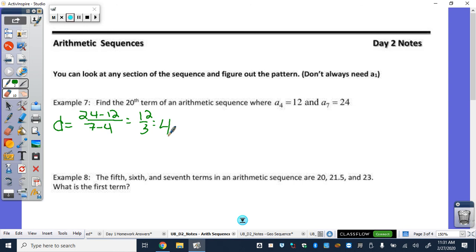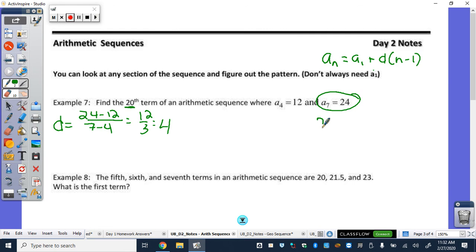So in our formula that we were using, our a sub n equals a sub 1 plus b times n minus 1. You have to know your first term for that one, but you don't always need to use your first term, though, to figure it out. I know my 4th term and I know my 7th term. I'm going to use my 7th term, just because that one is the closest one to my 20th term. How many jumps are going to happen from my 7th term to my 20th term?